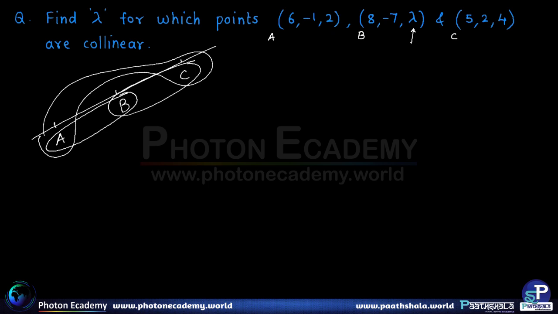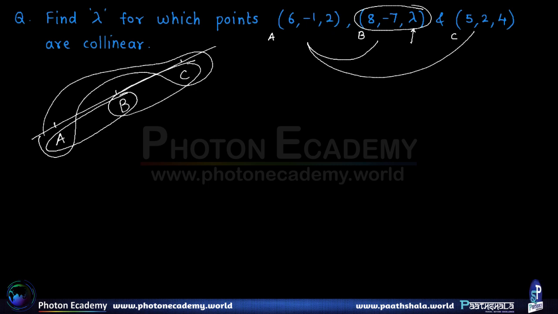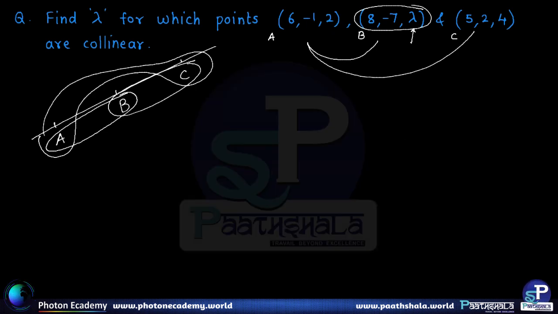Now we see that lambda is present in one of the points. So to avoid the complex calculations, we will pick up A and B as the one pair and A and C as the one pair. So therefore lambda will appear in only one pair. Right?